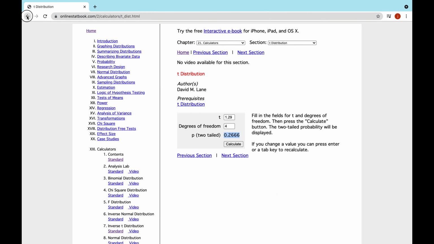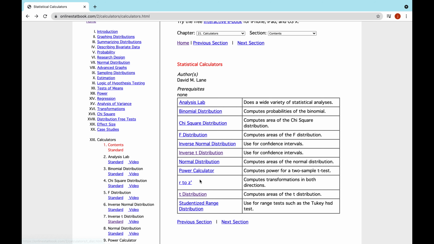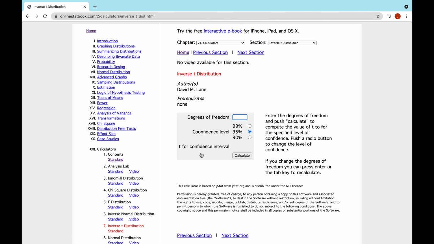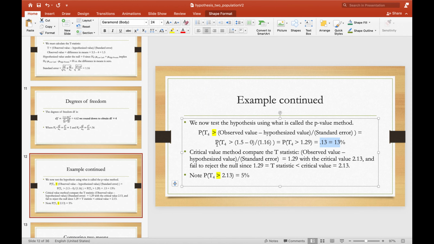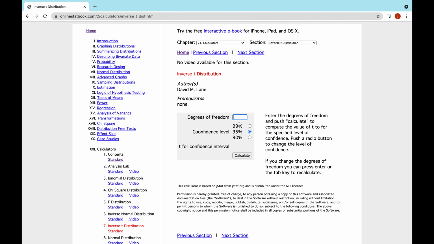So instead of using the t-distribution calculator, I can use the inverse t-distribution. I want to obtain the critical value of a t-distribution with 4 degrees of freedom. So I'll put 4 here.